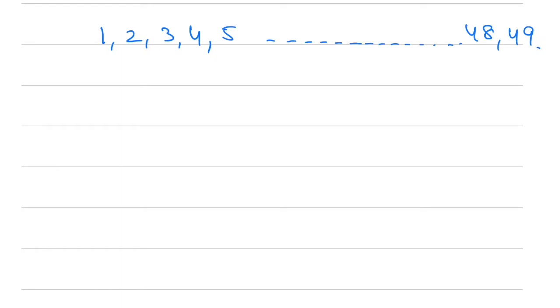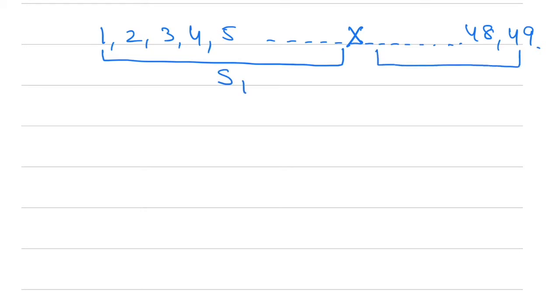Now there is a house number X such that the sum of these house numbers, let it be sum 1, is equal to the sum of these house numbers, let this be sum 2. Now let's have AP1, the sum of the houses before X. A here is 1, D is also 1 and N is equal to X minus 1.